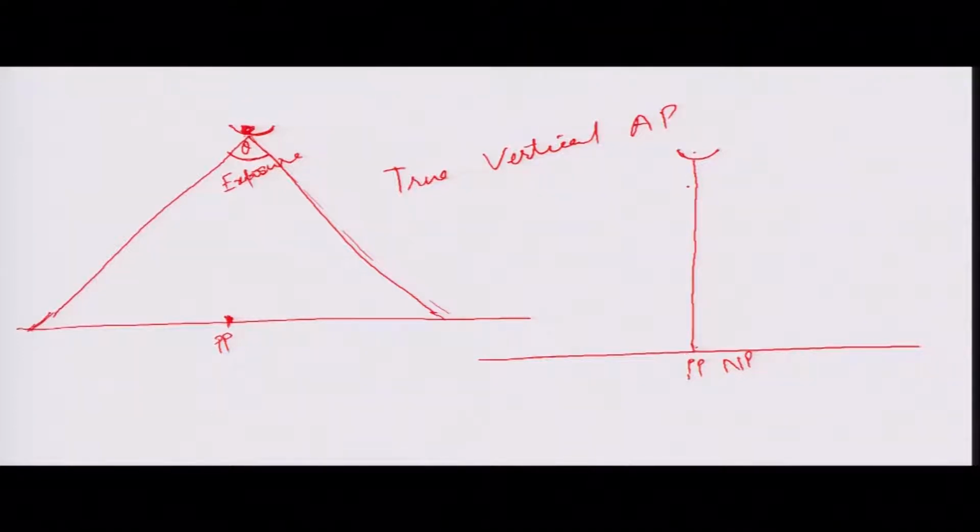So this means the objects which are located near the principal point or near the nadir point will be represented in true dimensions, like there will be no distortion in their appearance.